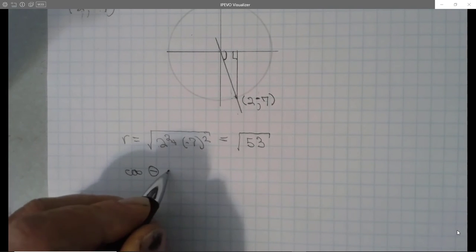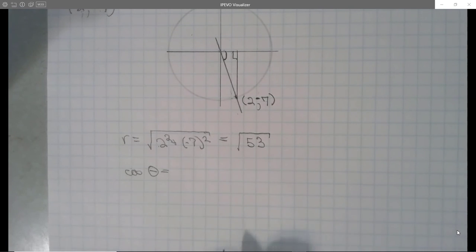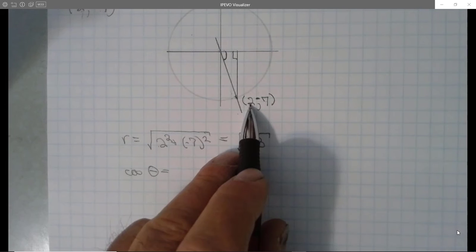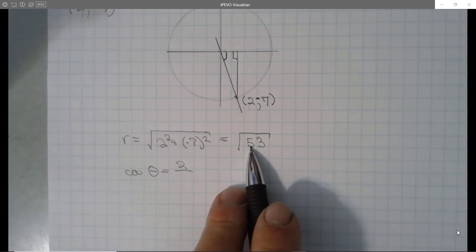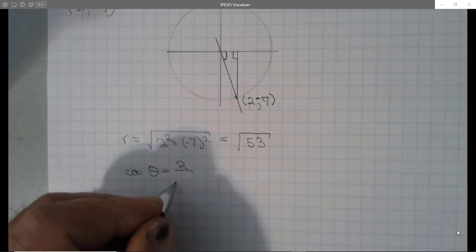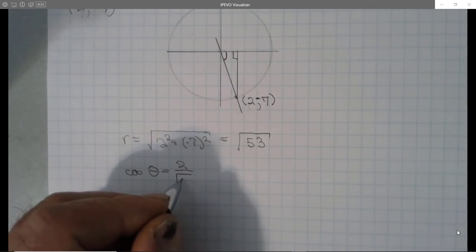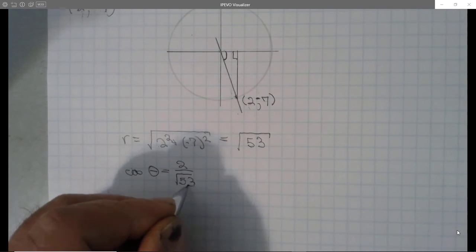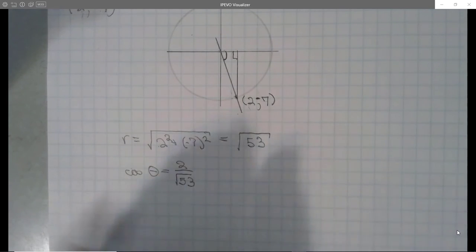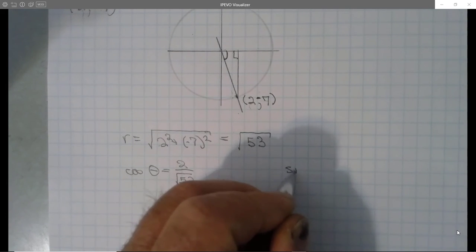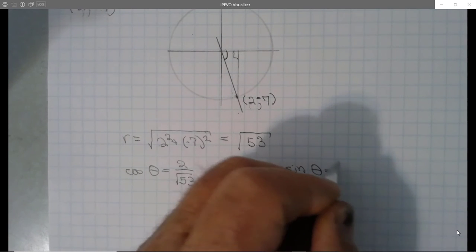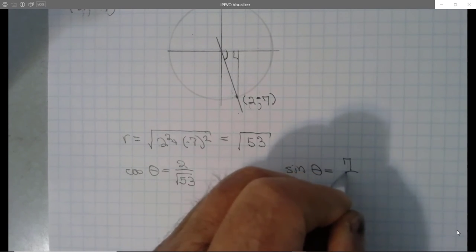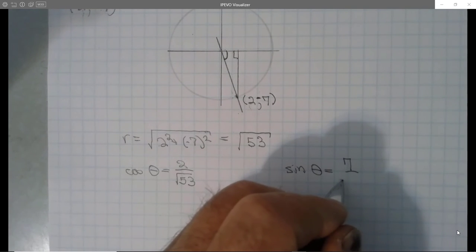Cosine theta is the x-coordinate over the length of the hypotenuse. Now, when I'm doing it by this method, by the way, if I had picked the y-coordinate instead, I would still be calculating this way. The sine of theta is 7 over root 53.